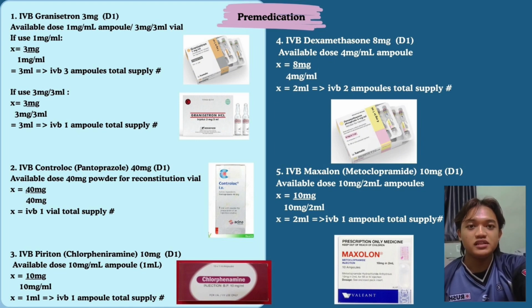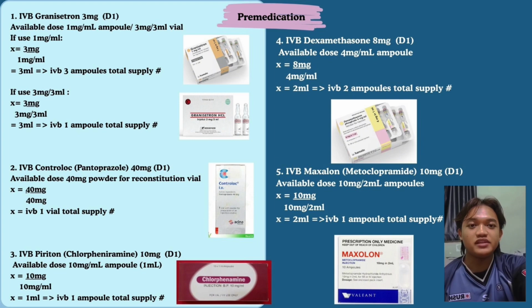Available dose is 10 mg per ml ampule. X equals 10 mg divided by 10 mg per ml. X equals 1 ml, which means IVB 1 ampule total supply.